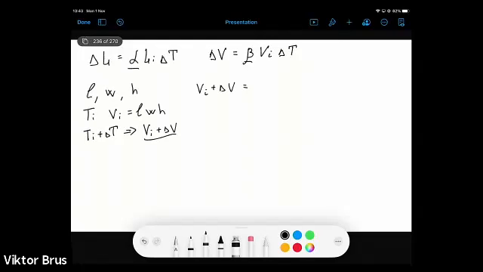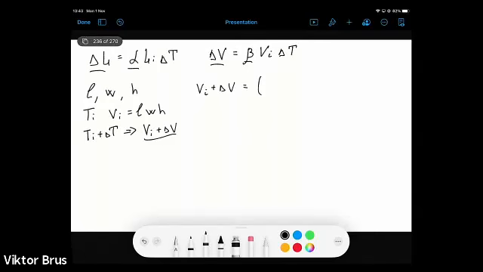So we can express it in terms of linear expansion of the sides of this box. Alpha stands for the linear thermal expansion coefficient, and beta stands for the volumetric thermal expansion coefficient. Here you see change in length and change in volume. So we want to find the relationship between alpha and beta.